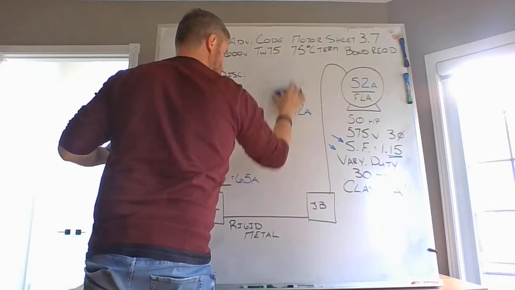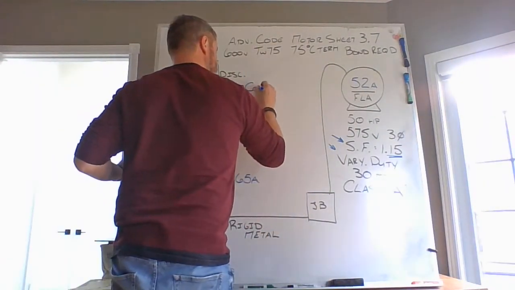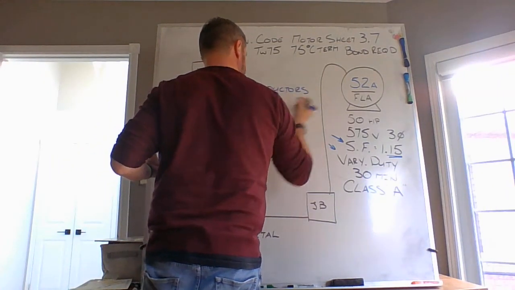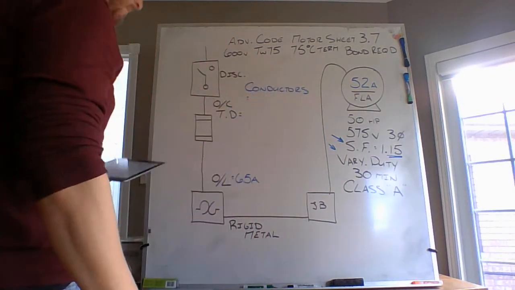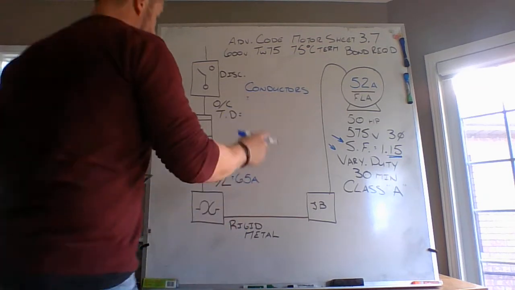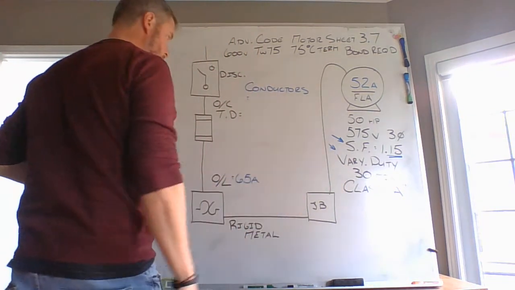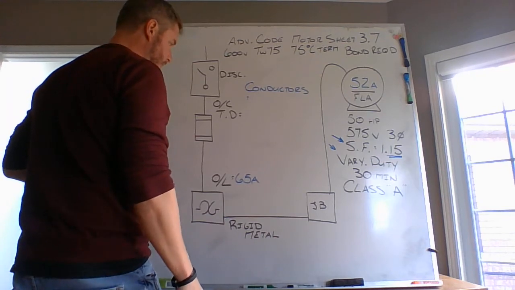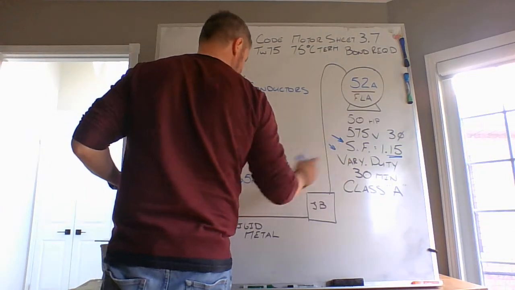Conductors now. I'm going to need conductors to feed my motor. I have to observe my varying duty 30-minute rating. Because it's a varying duty, and it won't run for more than a 30-minute period, I come up with a different multiplier. And that multiplier is coming from a different table because it's not a continuous duty service motor.